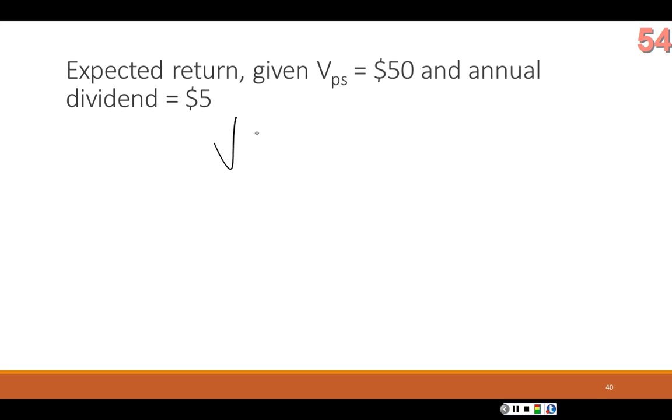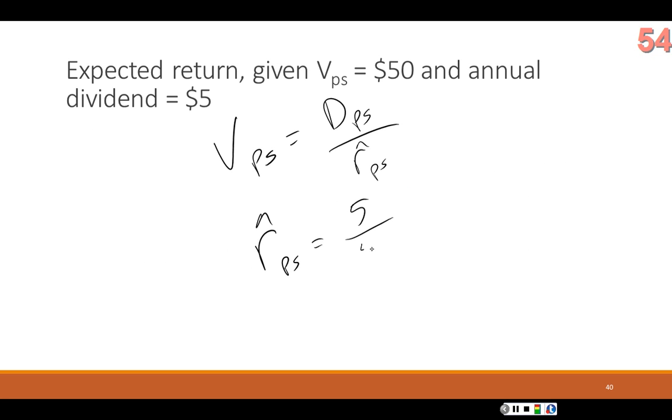We know the value of preferred stock is equal to the dividend divided by the required return. So the required return would be equal to the dividend of $5 divided by the value of $50 to give you a 10% required return on the preferred stock.